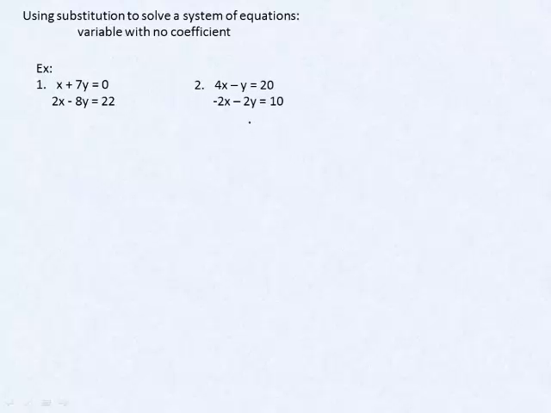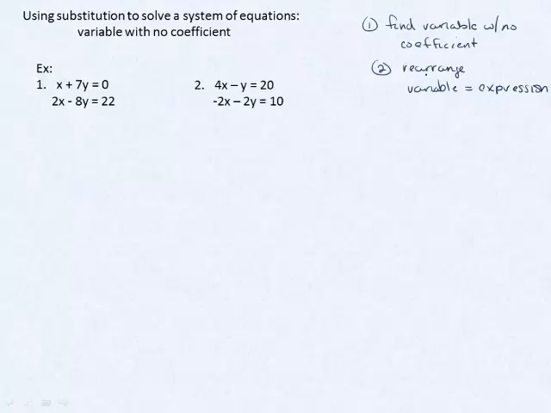So what we want to do is find the variable with no coefficient. And then the second thing we want to do is rearrange so that it's variable equals expression like we had in the last examples.